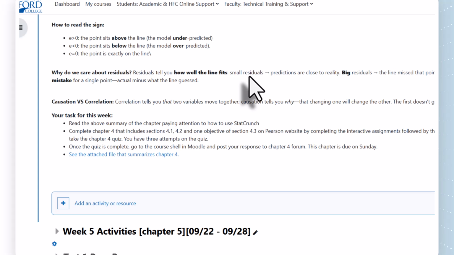The more a person smokes tobacco, the higher the risk of getting lung cancer. But it does not mean that if someone smokes tobacco, he or she will for sure get lung cancer. So this is the difference between causation and correlation. This is pretty much it in this chapter.